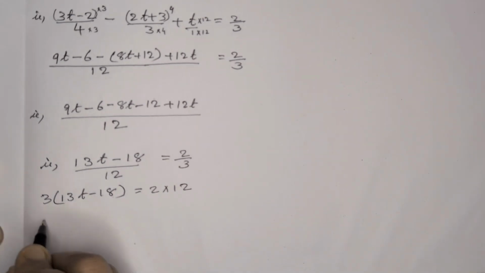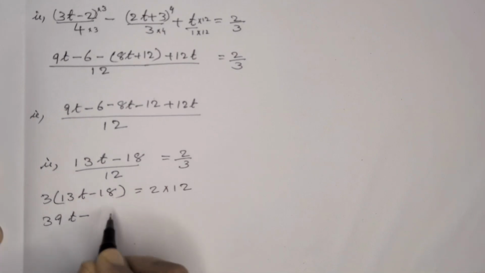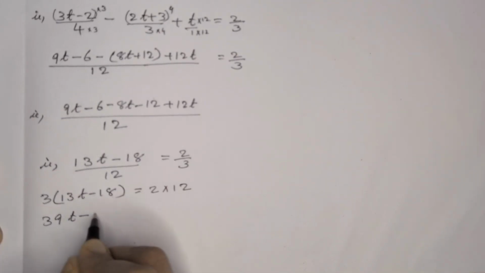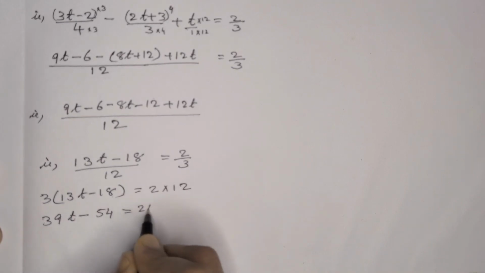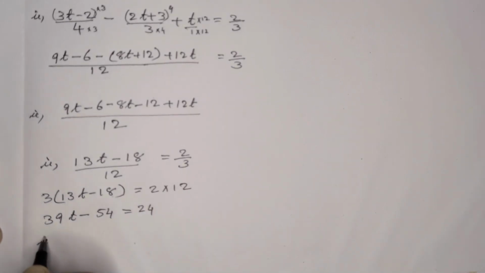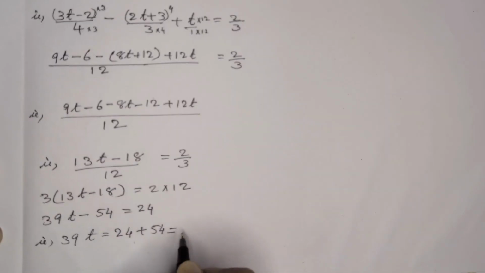So 3 into 13, that is 39t minus 3 into 18, that will become 54. It's equal to 2 into 12, 24. That is 39t is equal to 24 plus 54. It's equal to 78.